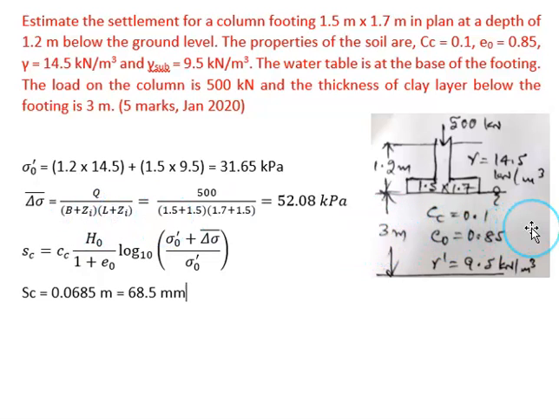At the center, the area on which the load is acting is B plus Zi into L plus Zi. Zi is the depth from the base of the footing. From the base of the footing to the center of the clay layer, it is 1.5 meter. So by taking the Zi value as 1.5 meter, we can calculate the increase in stress, that is delta sigma dash. Then we can substitute in the equation of settlement, and then we can calculate the settlement.